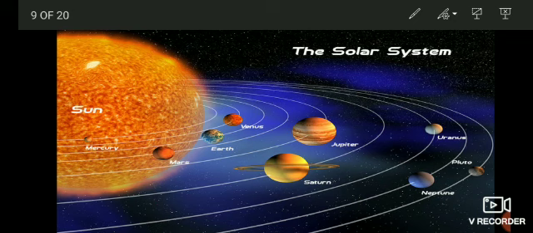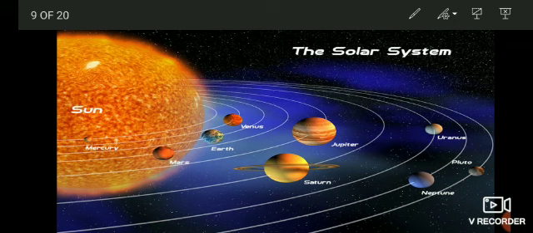What are the celestial bodies in this picture? In this picture you are seeing sun. Sun is a star. And you are also seeing some spherical objects beside this big spherical object sun. So those are Mercury, Venus, Earth, Mars, Jupiter, Saturn, Uranus, Neptune and Pluto.